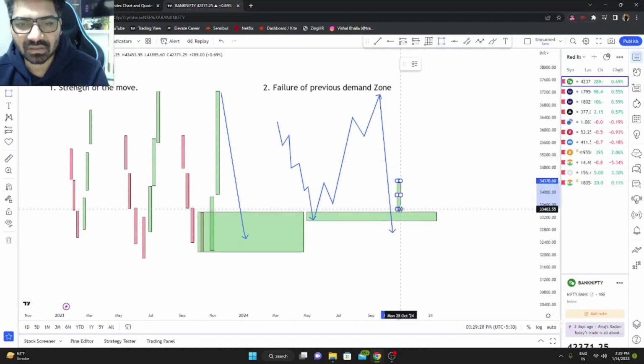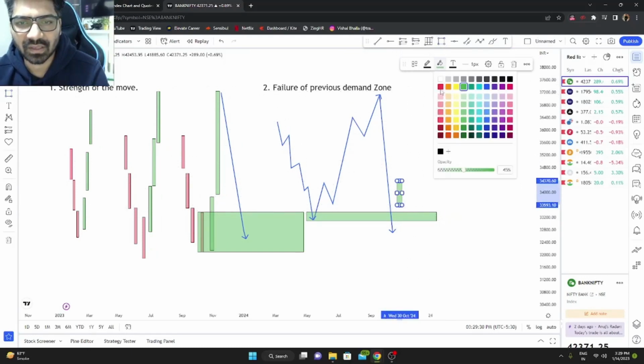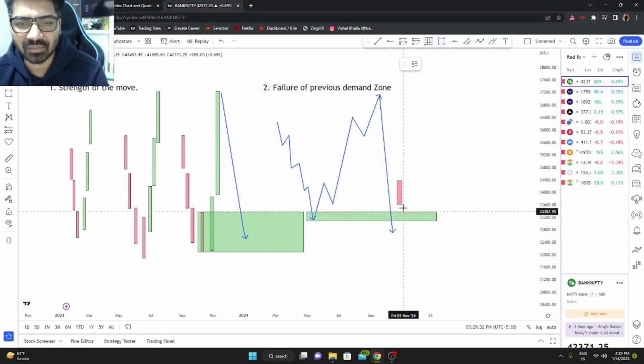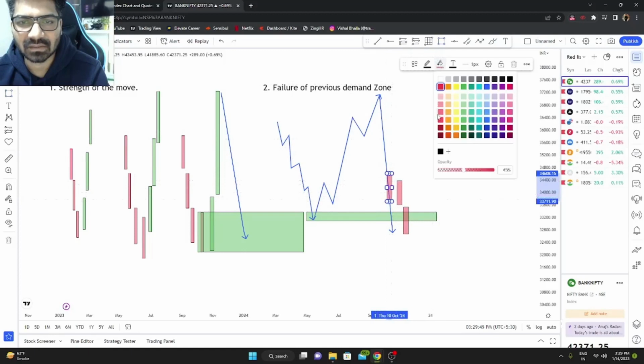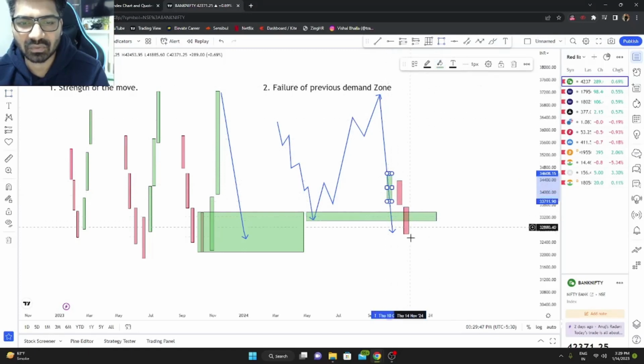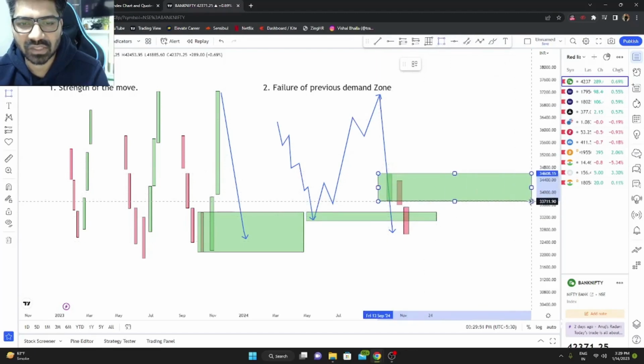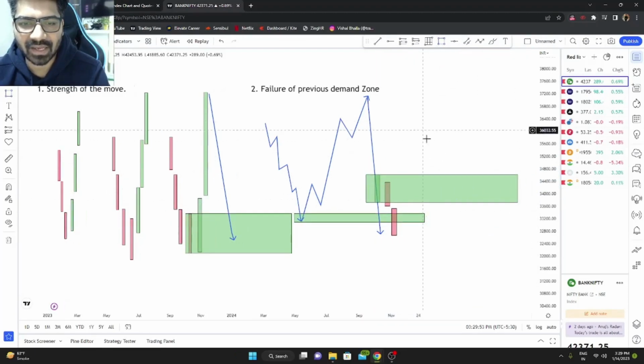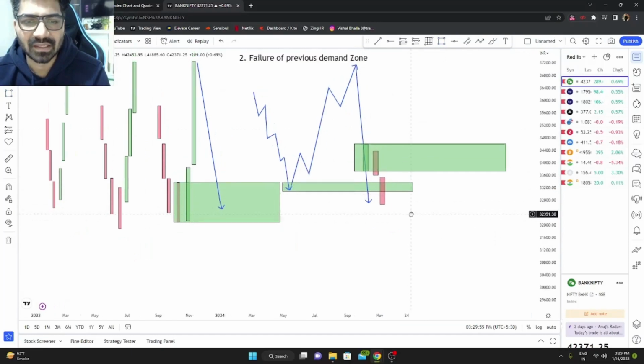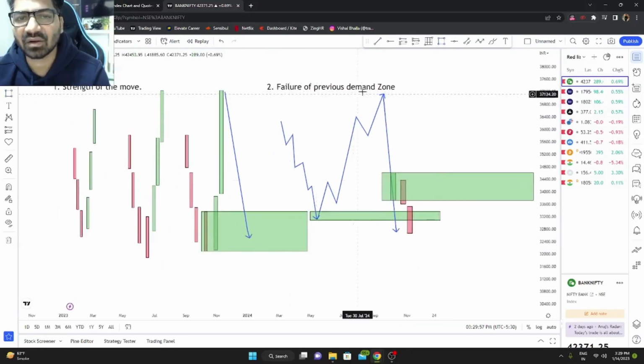So here there will be a red candle which exactly broke this, and above that will be a buying candle. The last buying happened before this broke this, so this becomes our last buy to sell candle, and this becomes a flip area, and it is also known as the supply area. So that is the failure of the previous demand zone.